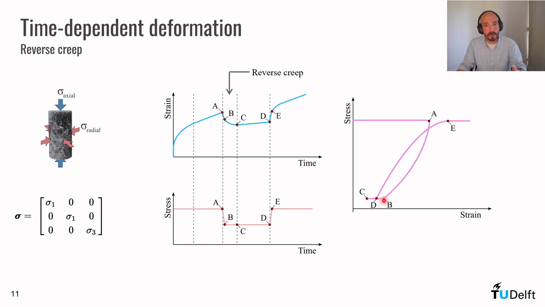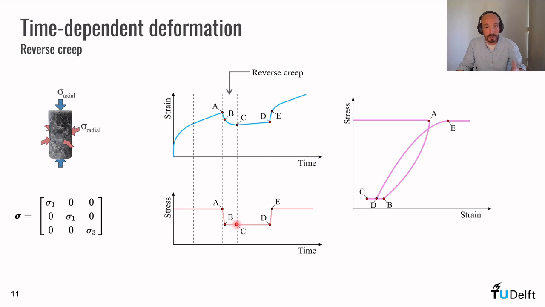Now, from B to C, the stress is constant. And the strain is decreasing even further. You see, so that is why we move to the left. But then the stress is kept constant.